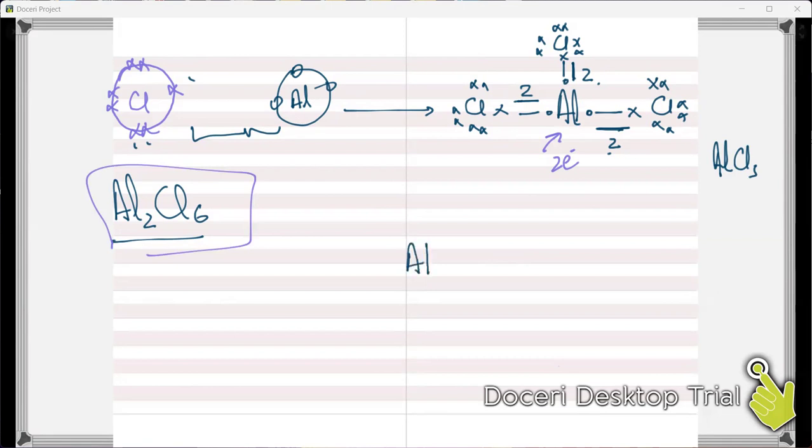So for example, this is one aluminium with how many chlorines? It has 3 chlorines over here. And then we have another aluminium.